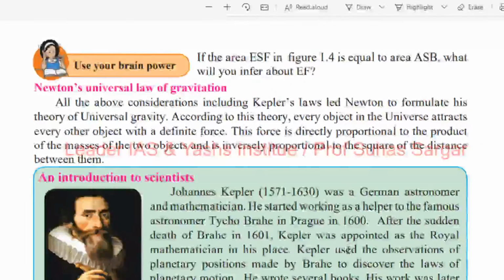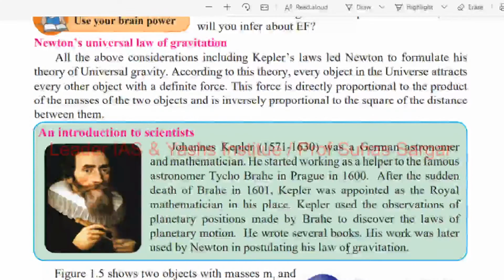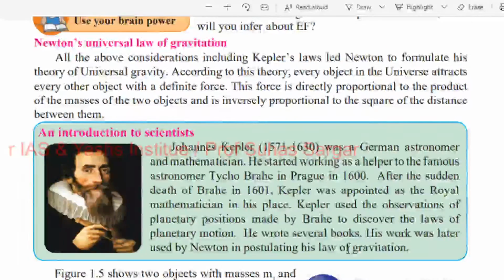Box. An introduction to scientists. Johannes Kepler, from 1571 to 1630, was a German astronomer and mathematician. He started working as a helper to the famous astronomer Tycho Brahe in Prague in the 1600s.